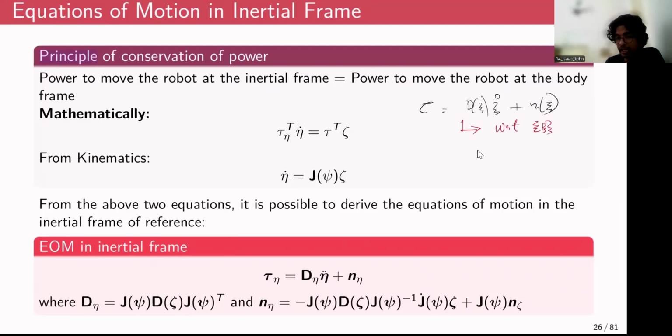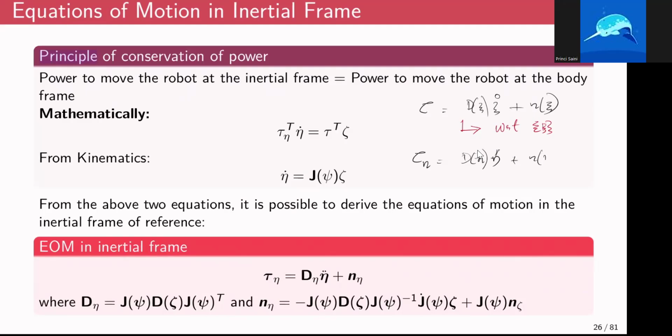But sometimes you need to find equivalent equations of motion with respect to the inertial frame of reference, something like tau of eta as D of eta multiplied by eta double dot plus N of eta, eta dot.